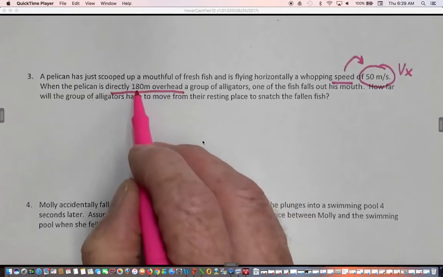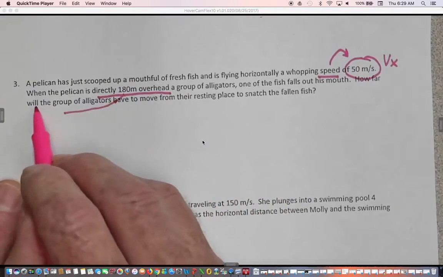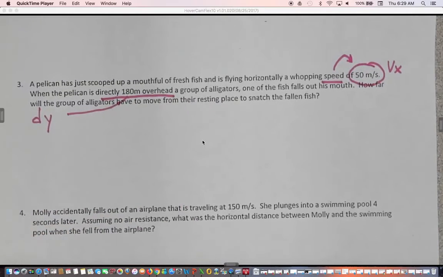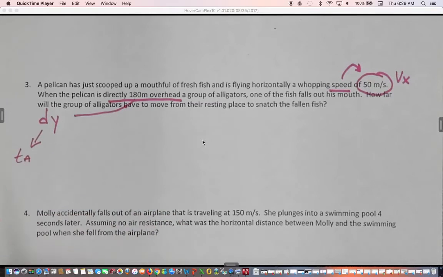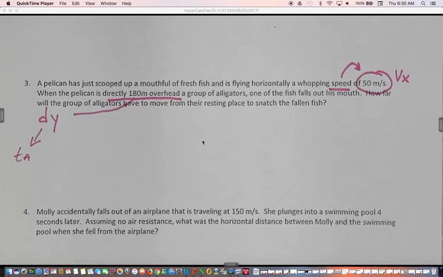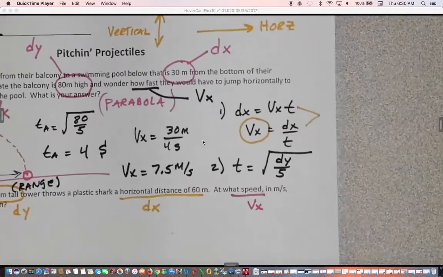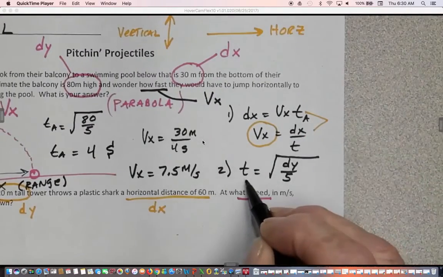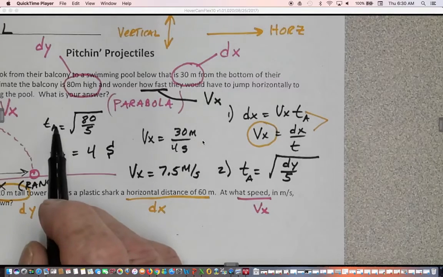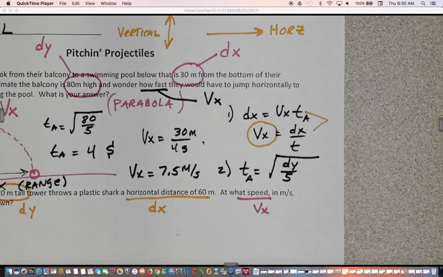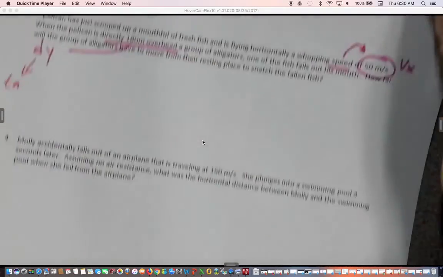This clearly has to be your dy. Whenever you have your dy, you can quickly get your time in the air. And I'll come back up here and put a little a on this. These are times in the air. I omitted to do that even though I did it over here. So I put an a here and a here, just to remind me time in the air.